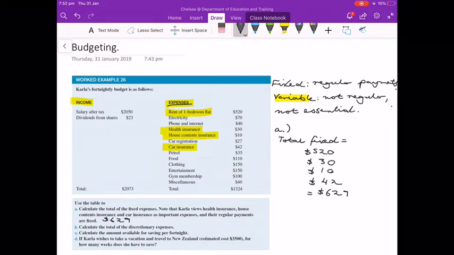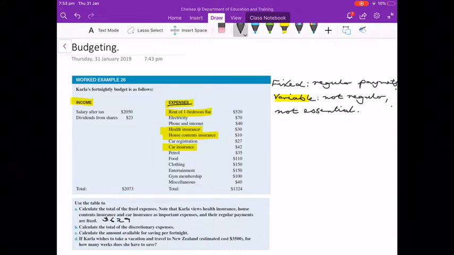So we're then going to go through and find out how much discretionary expenses does she have. Now, if that information highlighted are her fixed expenses, the leftover money should be her variable expenses.